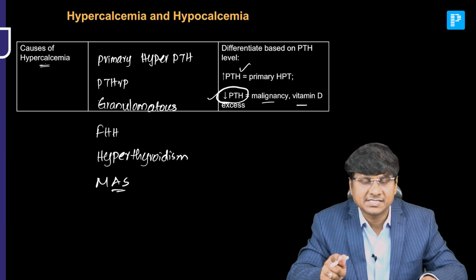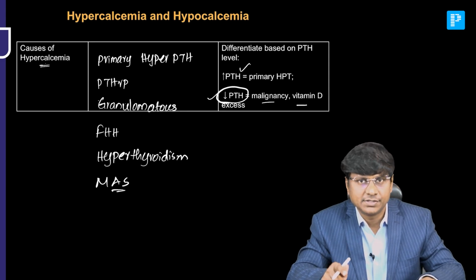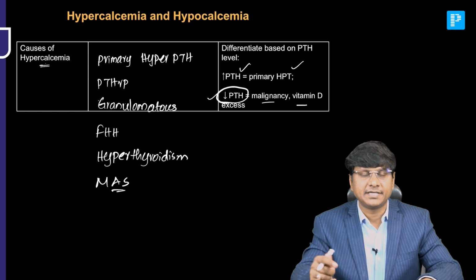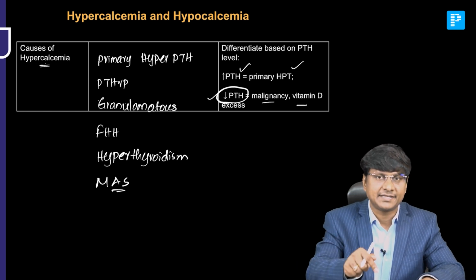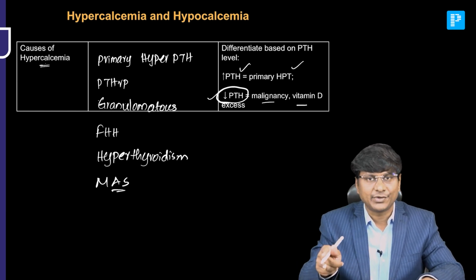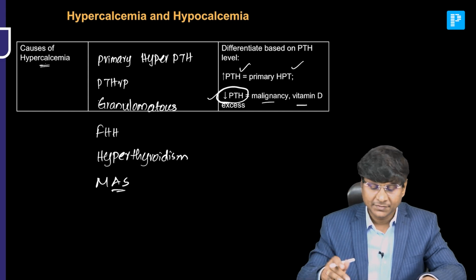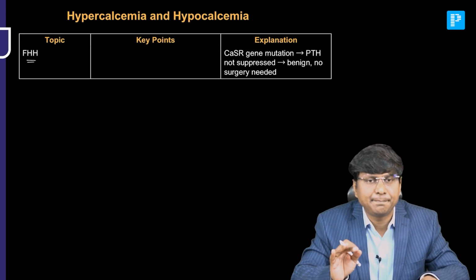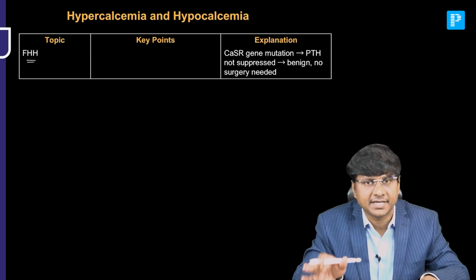When there is hypercalcemia, the parathormone level decreases, except for primary hyperparathyroidism. In primary hyperparathyroidism, the malignancy itself is in the parathyroid gland, that increases the parathyroid hormone, and that increases the calcium.